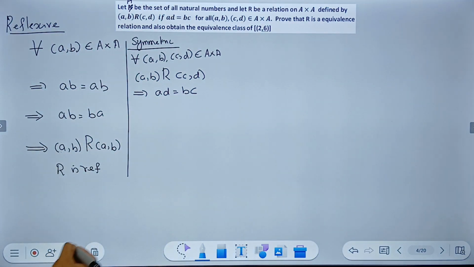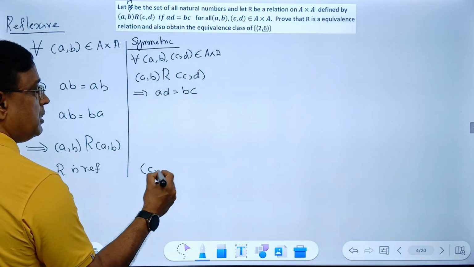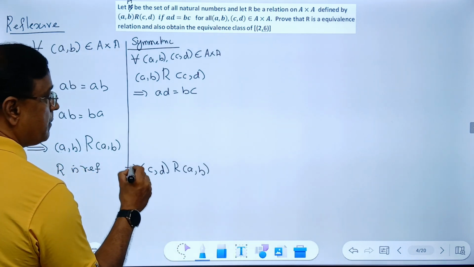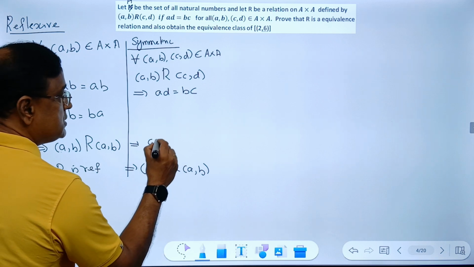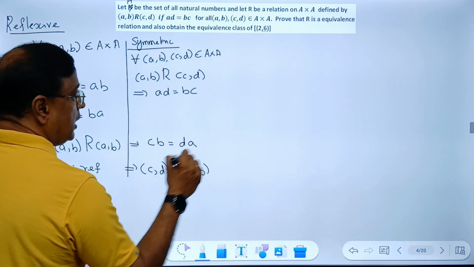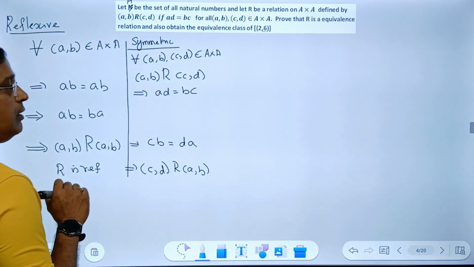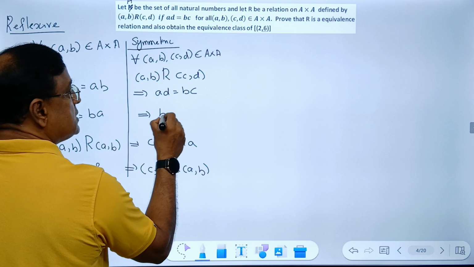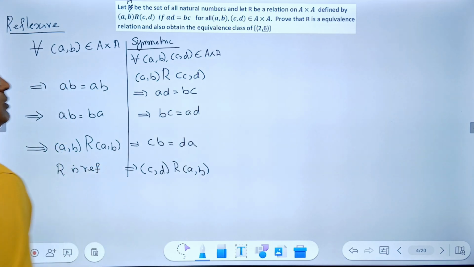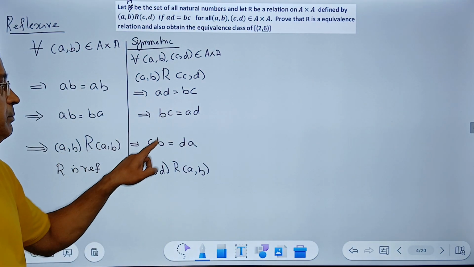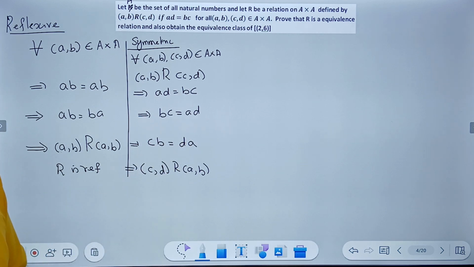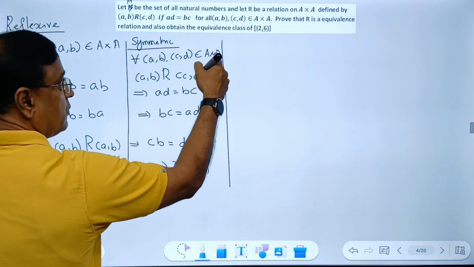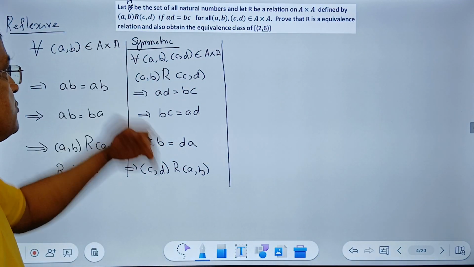Now I wanted to prove that (C, D) is related to (A, B). What I should have got? I should have got CB equal to DA, which is very, very obvious, because if AD equal to BC, we can always write this as BC equal to AD. Once I write BC equal to AD, BC same as CB, AD same as DA, because multiplication of natural numbers is commutative. When I say A cross A, that means it is N cross N because A is taken as natural numbers.